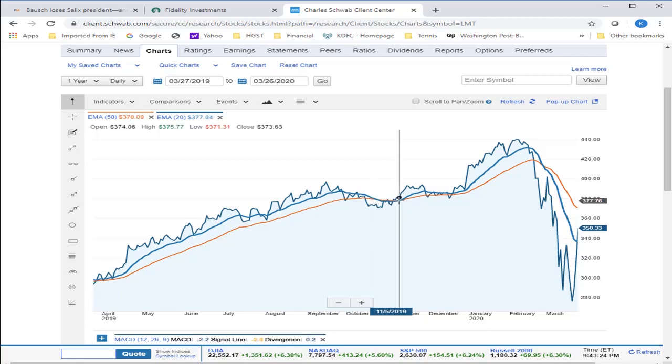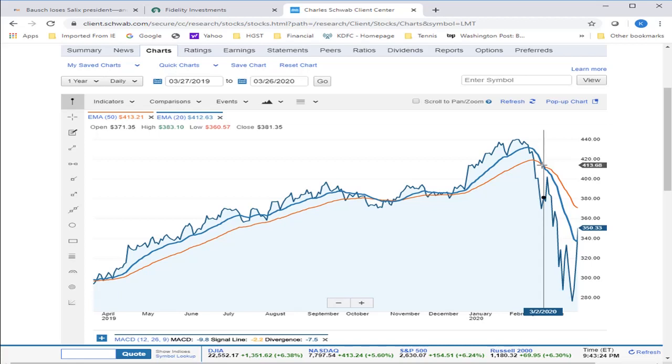So you would get a buy and a sell very close together here. However, if you applied it to here, you can see you would have been essentially selling out of the market right about here, or selling out of this stock at this point, which is a closing price of about 369.